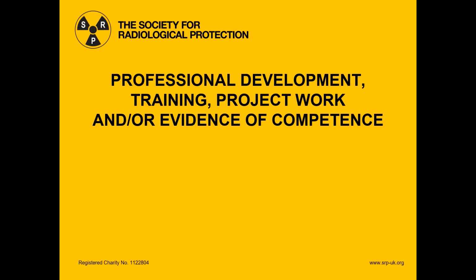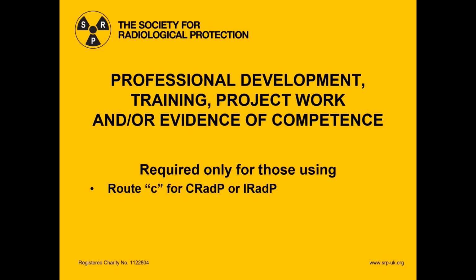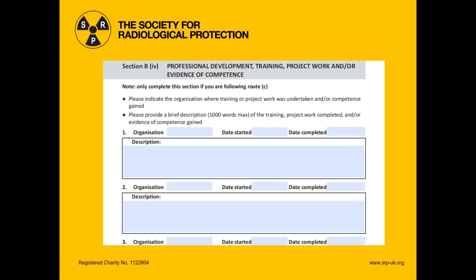The next section, called Professional Development, Training, Project Work and/or Evidence of Competence, is only required for those following Route C for CRAD-P or IRAD-P and Route B for TechRAD-P. This section is intended for those without a formal qualification to demonstrate their competence by referring to training, professional development opportunities, or specific project work.